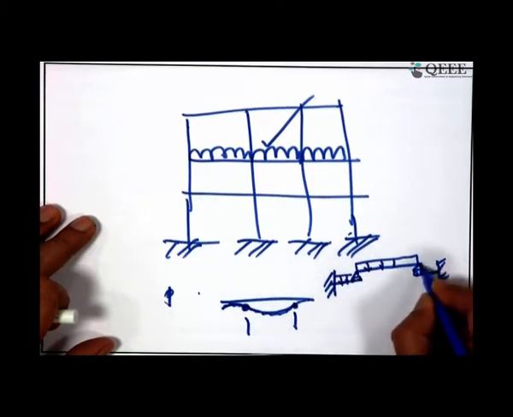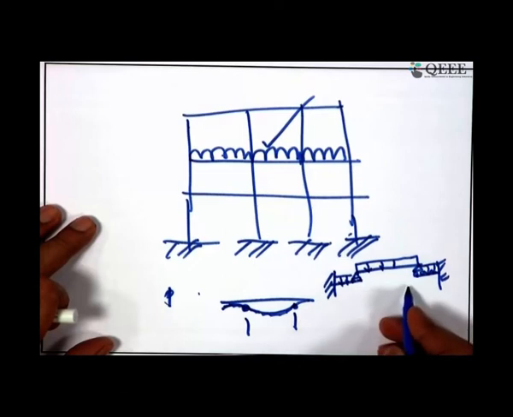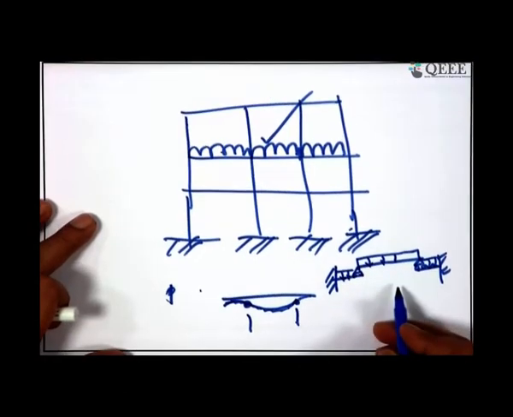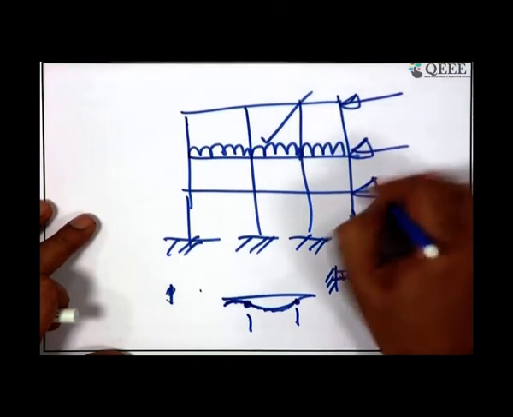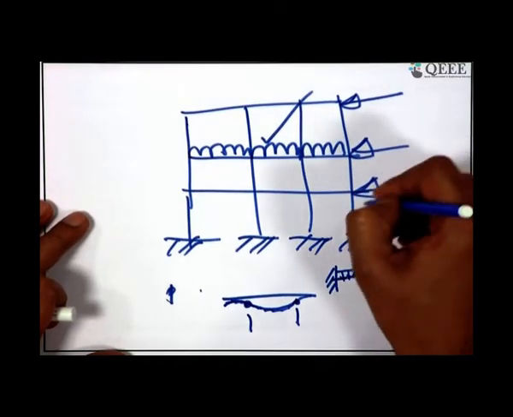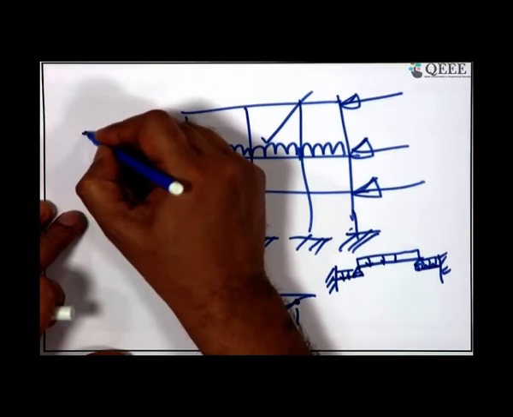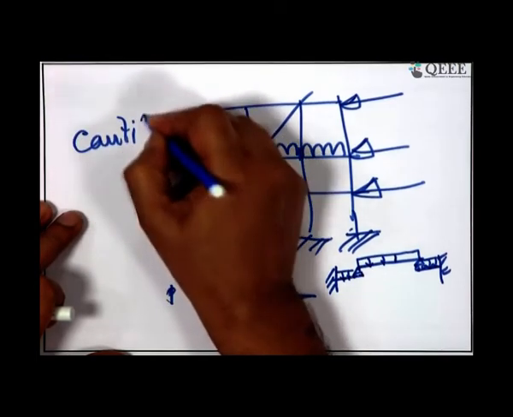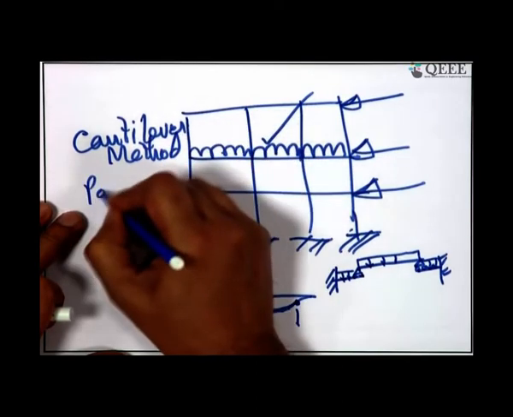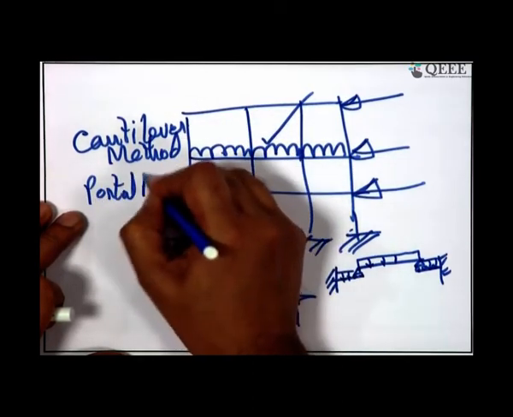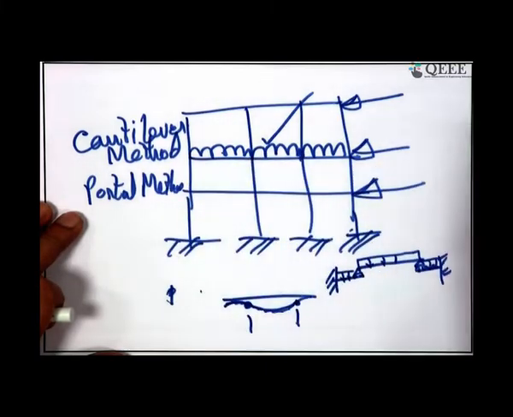With that you can have an approximate analysis due to the vertical loading. Or else, if you consider the lateral load due to wind and earthquake and reduce it to nodal loading, then you can go for the cantilever method or the portal method to approximately draw the bending moment diagrams.